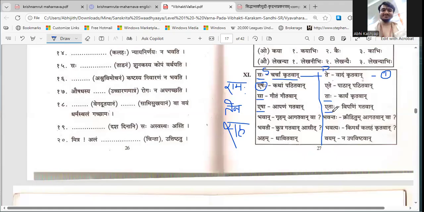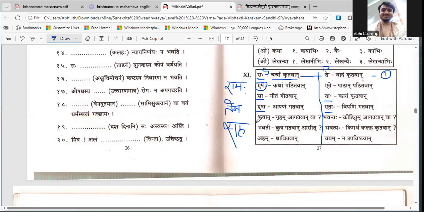Etaha will be etabhihi. So you just need to add a over there. Etabhihi saha vipanim gatavan.